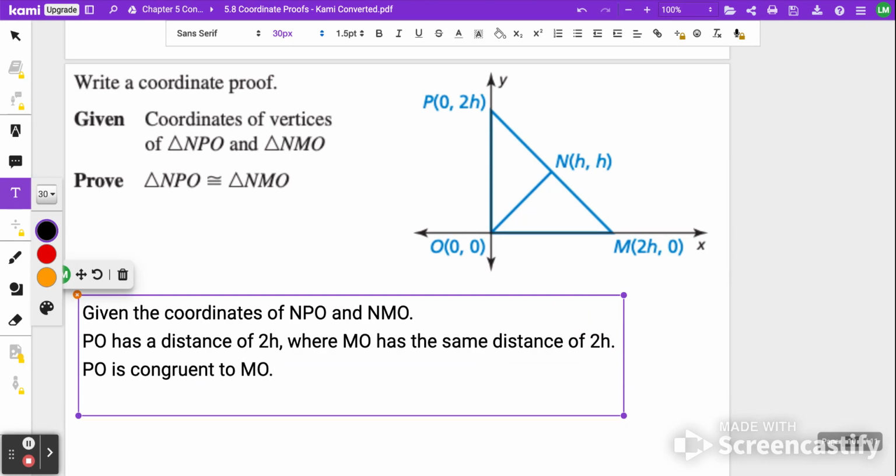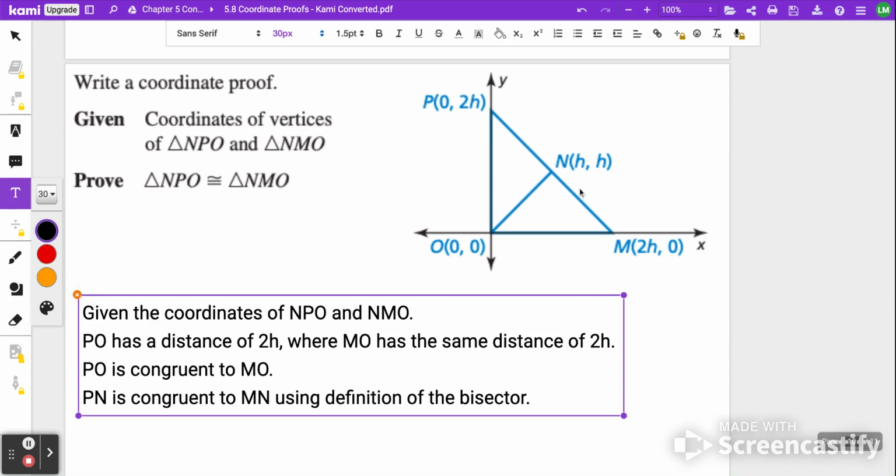Then I can say maybe PN is congruent to MN using definition of the bisector, noticing that H is exactly halfway through 2H.